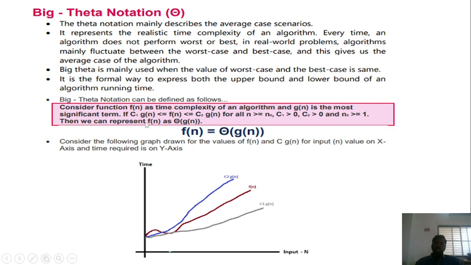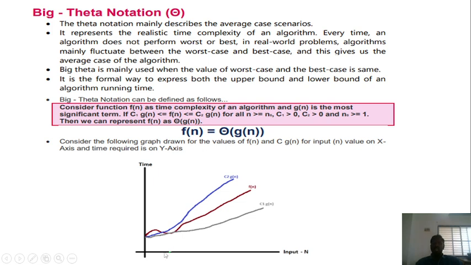Here c1 into g of n is less than or equal to f of n, that is the best case, and f of n is less than or equal to c2 into g of n, that is the worst case of an algorithm. Using this mathematical representation, I am representing both the best case as well as the worst case, so we can write f of n as theta of g of n.